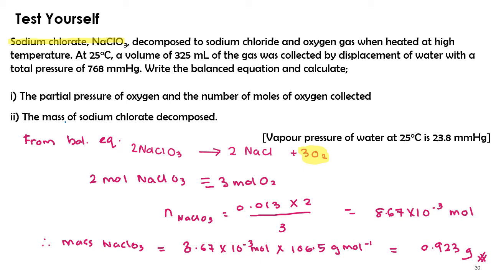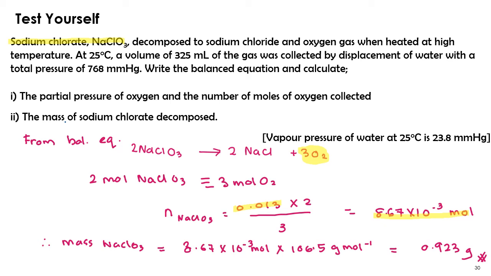Previously, we calculated the moles of oxygen as 0.013 mole, and then do the calculation to find the moles of sodium chlorate in the reaction. You will get the answer here, 8.67 exponent negative 3 mole.